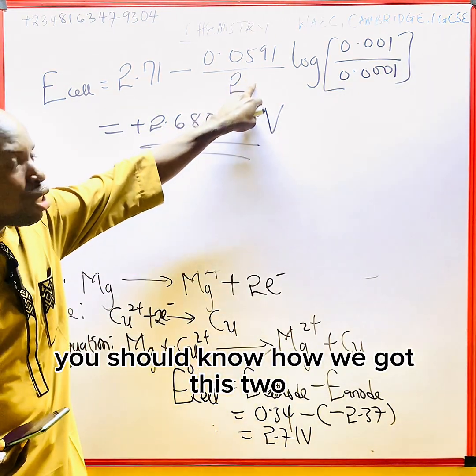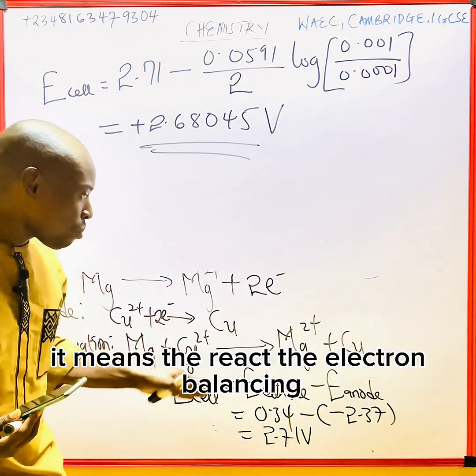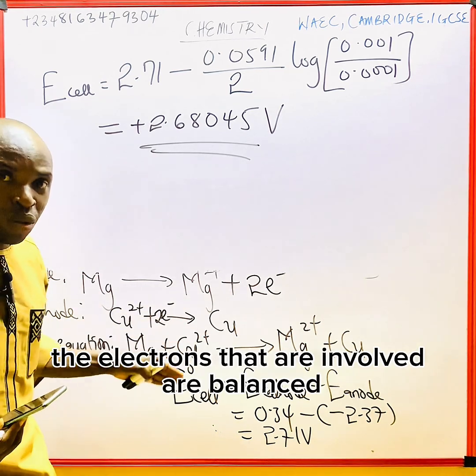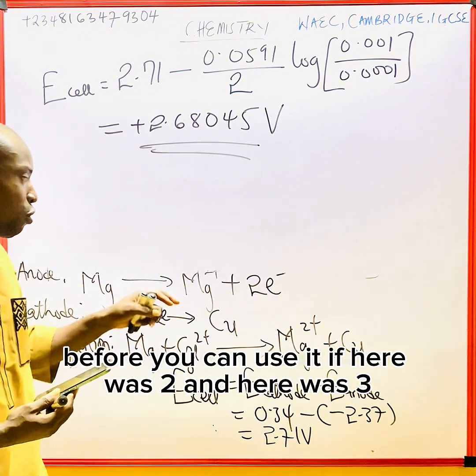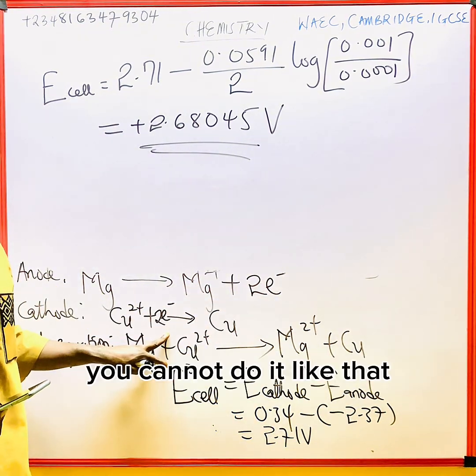You should know how we got these two. It means the electrons that are involved are balanced before you can use it. If here was 2 and here was 3, you cannot do it like that.